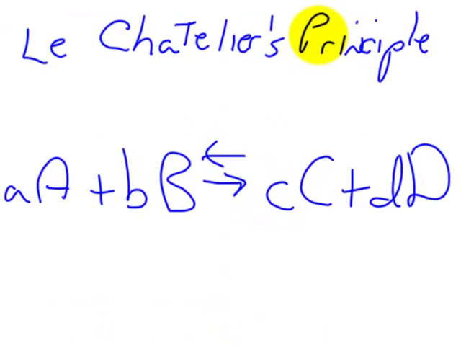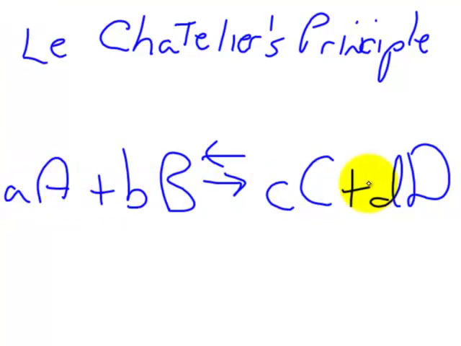All of which leads us to Le Chatelier's principle. Le Chatelier's principle says that if something happens to disturb an equilibrium, the reaction will shift to undo the disturbance. Let's think about this in practicality.